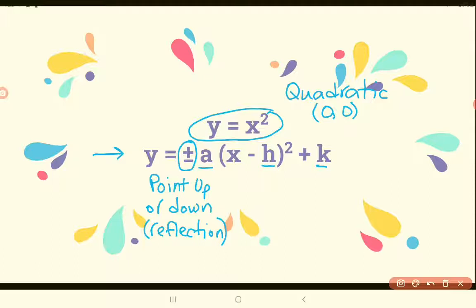Well, if a happens to be bigger than 1, so it's like a 2 or a 3 or a 4, then what I've done is I've taken that parabola and I've stretched it so it gets tall really fast. But if I have a smaller number than 1, like 1/2 or 0.4, or 1/4, okay, that would be a shrink. So the number out front tells me stretch or shrink.